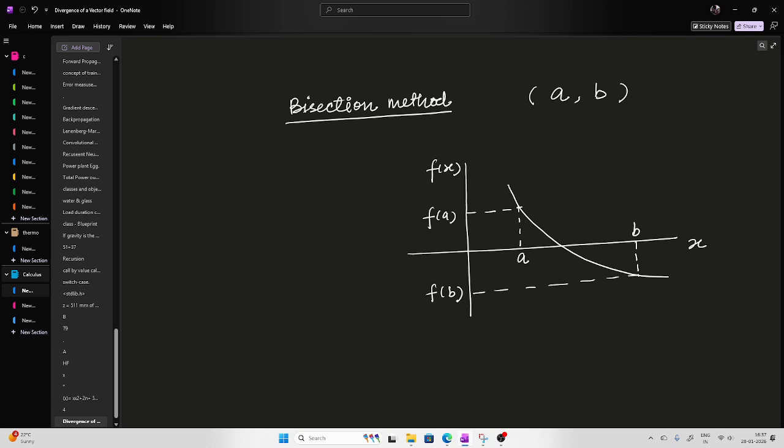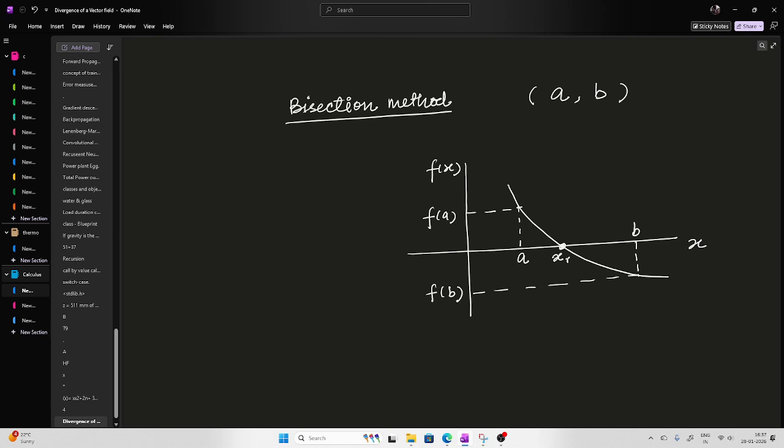Now, what is the guarantee that we should be getting a root? If this is a curve of the function and it intersects at this point, let's say this is my root xr, then if the function intersects the x-axis, that is the root.